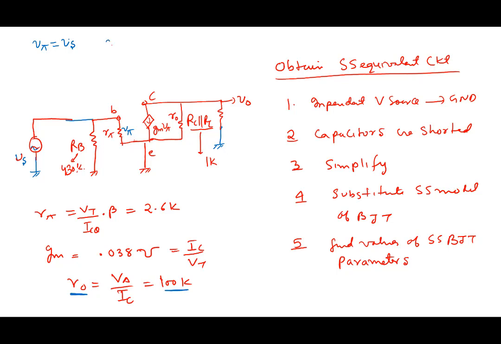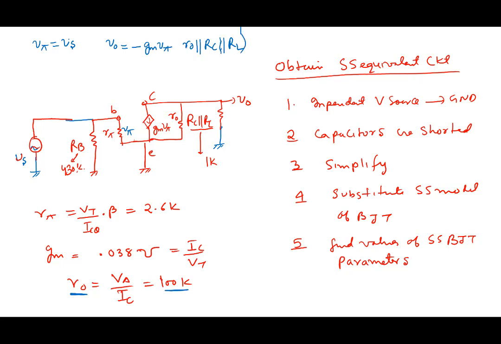and V0 equals minus gm V pi. If you want to be accurate, you can write R0 parallel RC parallel RL.